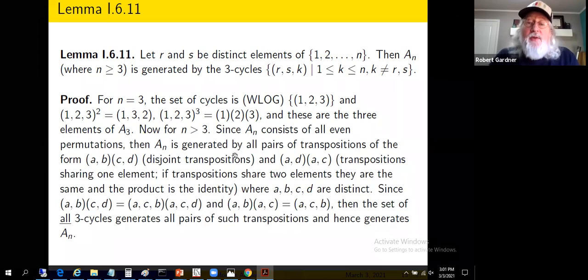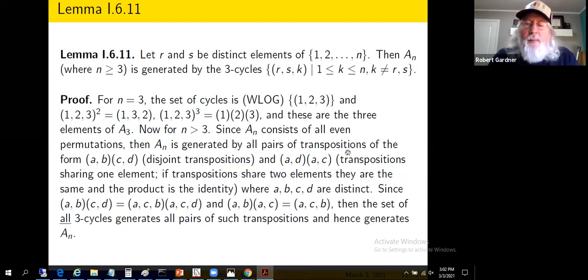When n is greater than 3, A sub n consists of all even permutations. So A sub n is generated by all pairs of transpositions, either of the form (A B)(C D), disjoint transpositions, or (A D)(A C), transpositions that share 1 element. So we're talking about a product of an even number of transpositions.